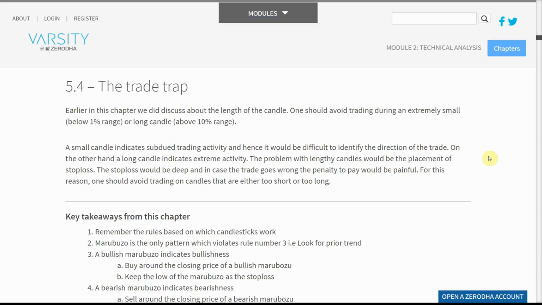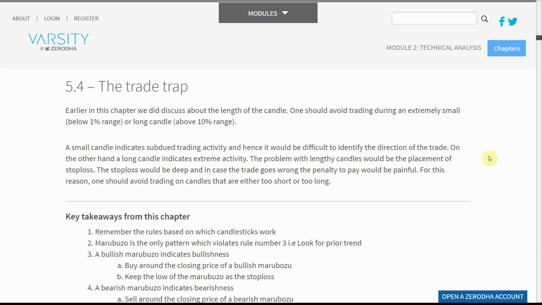A small candle indicates subdued trading activity and hence it would be difficult to identify the direction of the trade. On the other hand, a long candle indicates extreme activity. The problem with lengthy candles would be the placement of stop loss. The stop loss would be deepened in case the trade goes wrong. The penalty to pay would be painful. For this reason, one should avoid trading on candles that are either too short or too long.